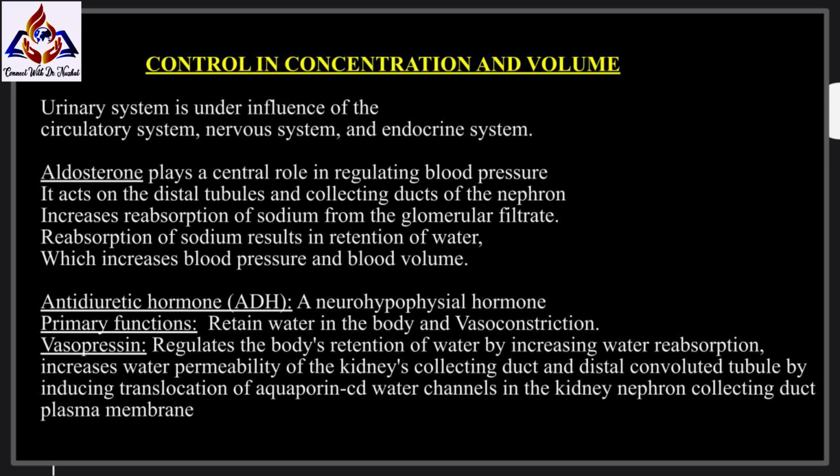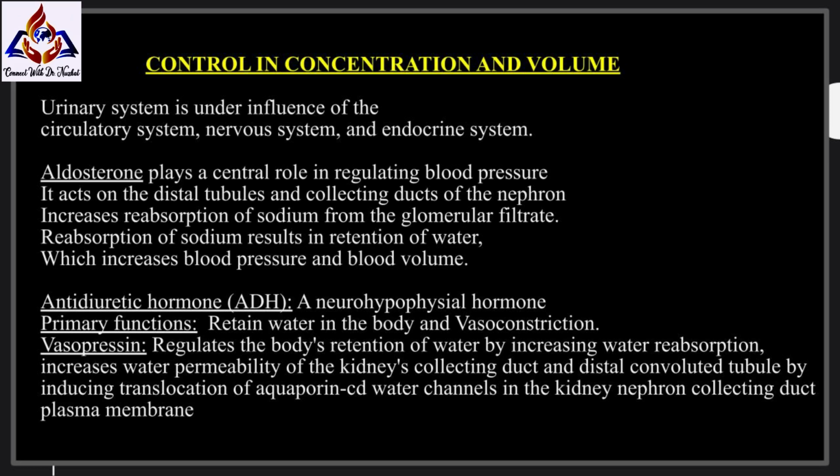Antidiuretic hormone is a neurohypophyseal hormone found in most mammals. Its two primary functions are to retain water in the body and vasoconstriction. Vasopressin regulates the body's retention of water by increasing water reabsorption in the collecting ducts of the kidney nephron.